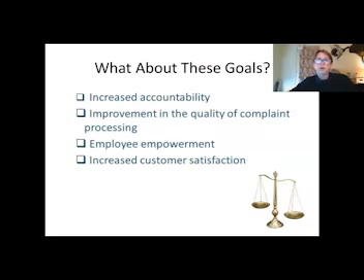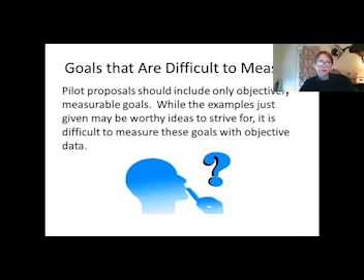So here's a few more. What about these goals? Increased accountability, improvements in the quality of complaint processing, employee empowerment, increased customer satisfaction. I think you probably all know where we're going with this. These are goals that are difficult to measure. I'm not saying you can't do it, but finding objectively measurable data to determine accountability, quality, and that type of thing is going to be difficult.